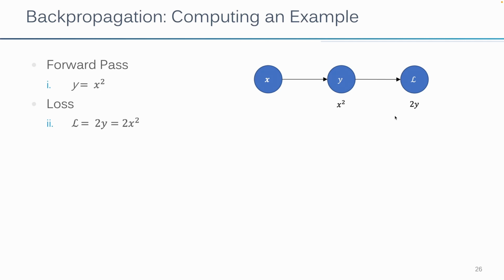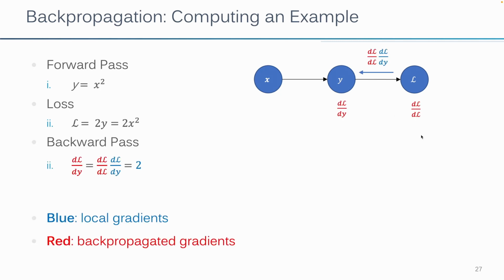We just take x squared. That's the forward pass. Just compute x squared. And to compute the loss, we just take 2y, which if we take the forward pass is 2x squared. And that's great. So to compute the gradient, what we have to do now on the backward pass, and that's our backpropagation, we have to find the derivative of L according to x.